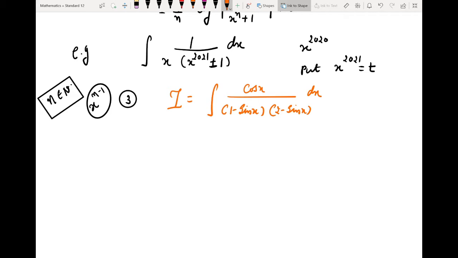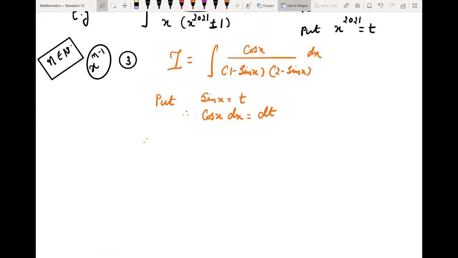So easily you will get the idea. First we have to use substitution. Put sin x equal to t. Therefore cos x dx equals dt, and therefore integration I equals dt upon 1 minus t into 2 minus t. Now from here we have two methods.